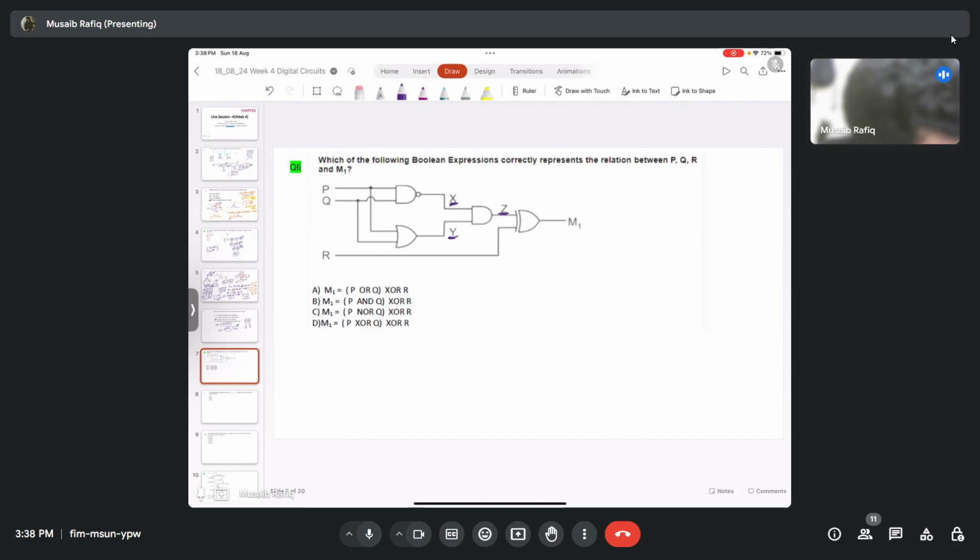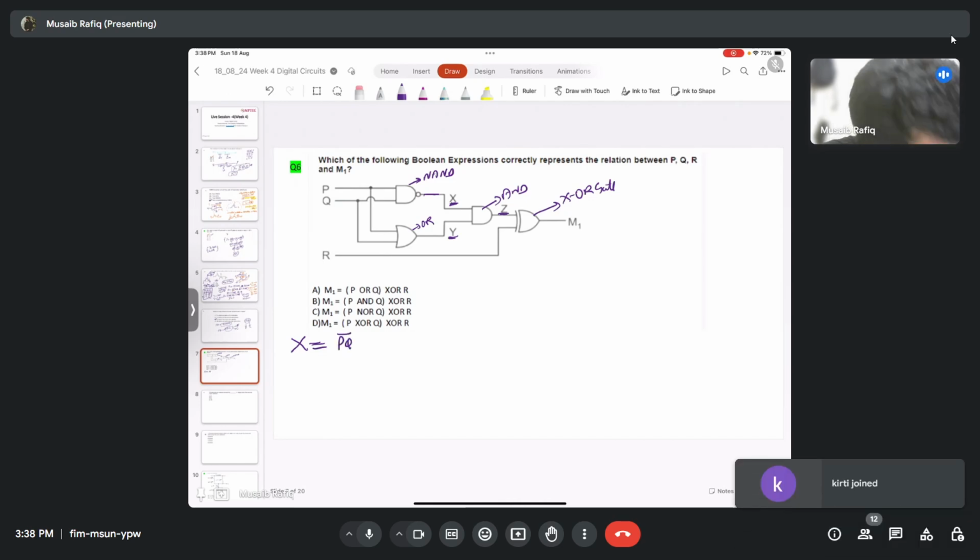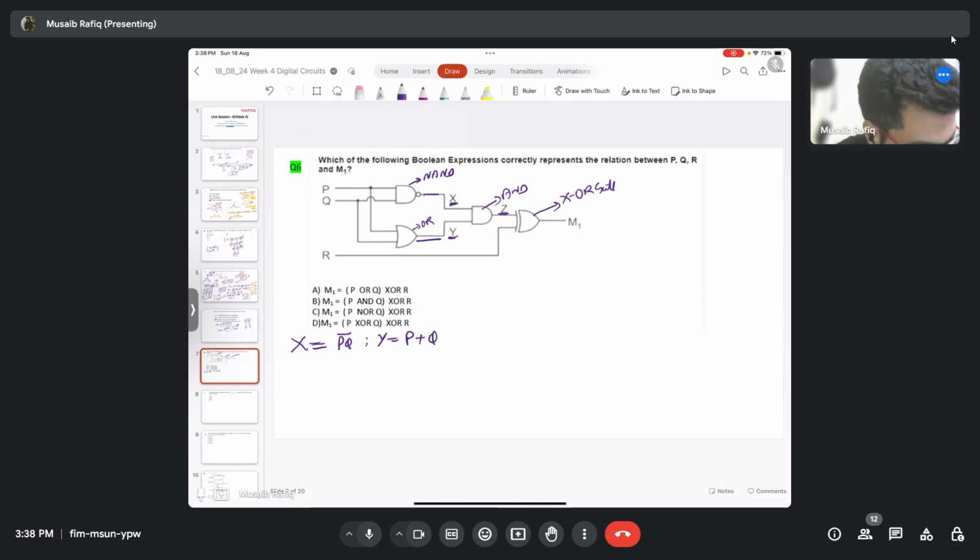So what we have here is X, right? X is basically the output of this gate. This gate is a NAND gate, this gate is an OR gate, this is an AND gate, and this here is an XOR gate. So X is the NAND operation between P and Q, and we represent it by X equals (PQ) bar, right? Then I have Y. Y will be equal to the OR operation between P and Q, and R goes to this gate here.